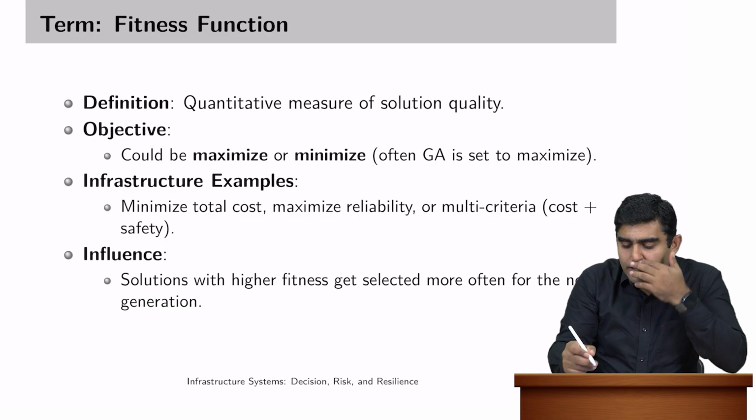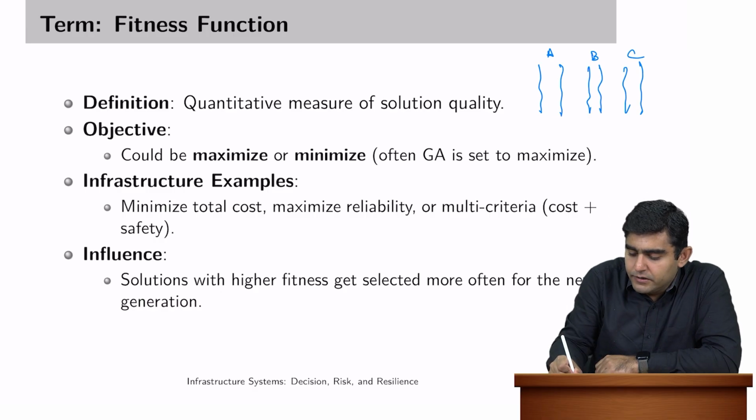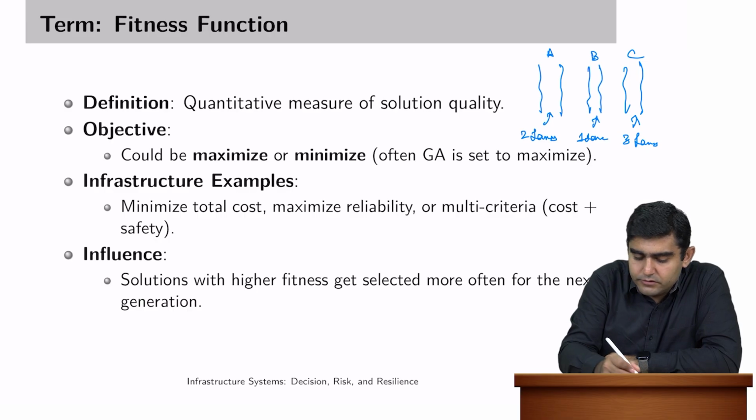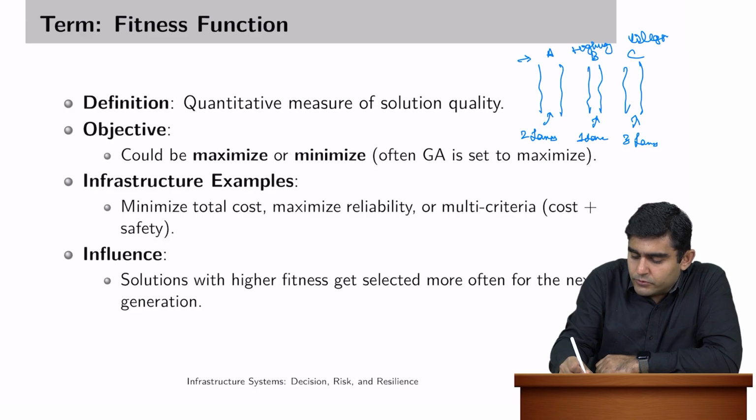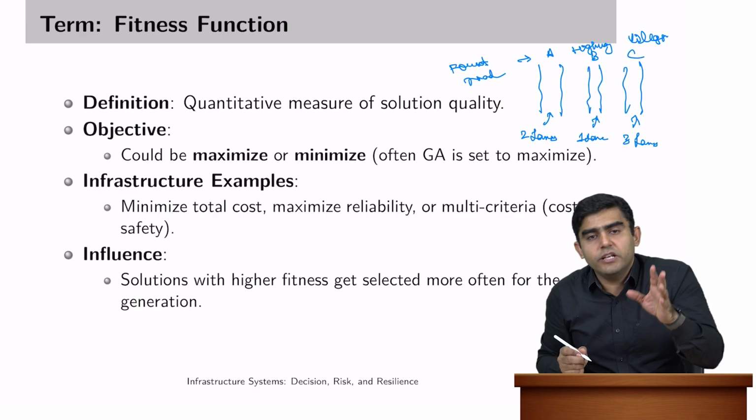So for example, in our road example, there are three segments: segment A, segment B, and segment C. If this is a village road, this is a highway, and this is a forest road, and I randomly say two lanes in forest, one lane in highway, and three lanes in village.